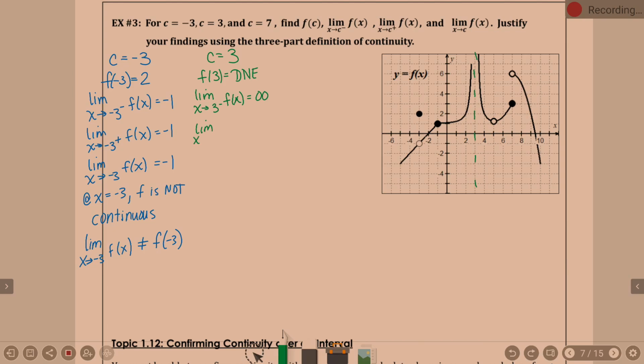The limit as x approaches 3 from the right, where's that going to? It's going to positive infinity also. So can we state the limit? Yeah, what's the limit as x approaches 3? Limit as x approaches 3 of f of x is positive infinity.